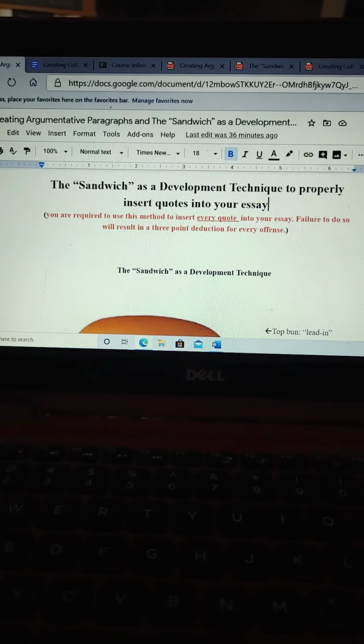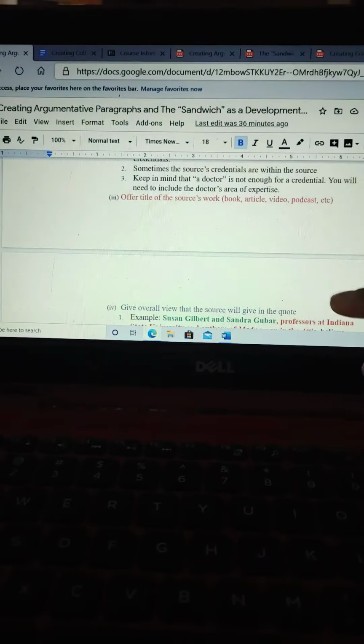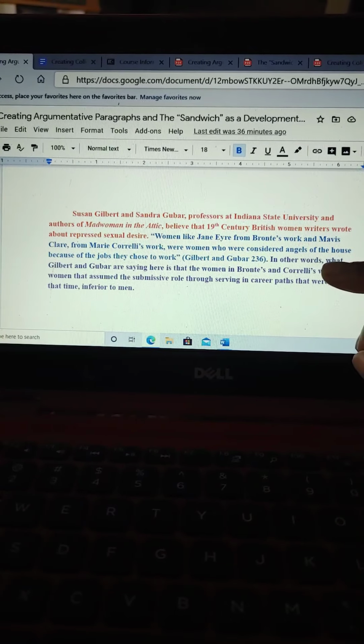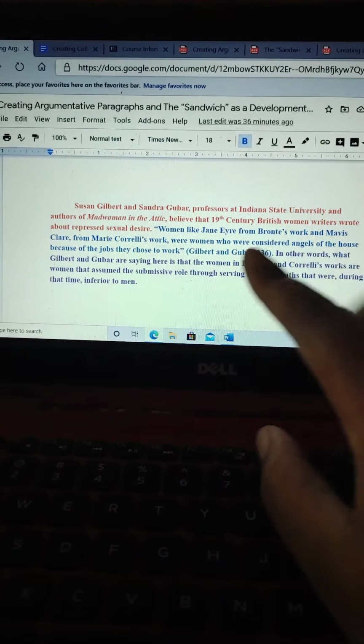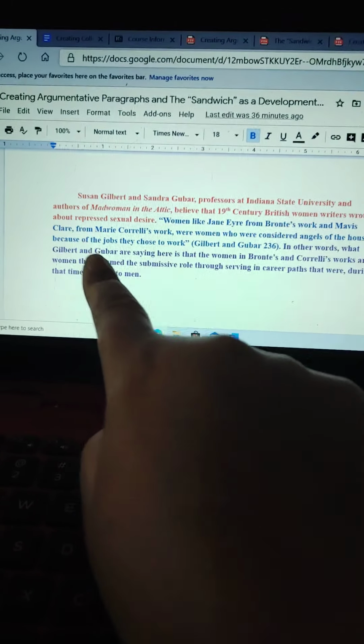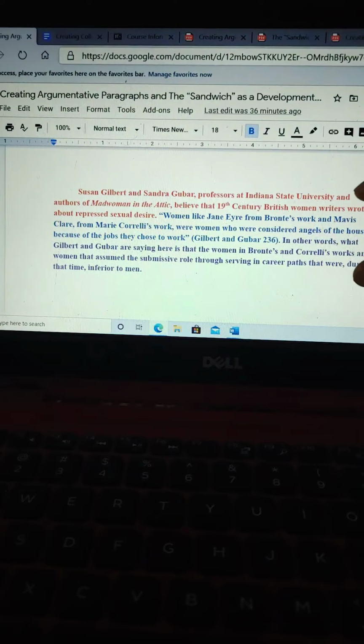Wait a second, guys. Sorry about that. Okay, I'm going to do it this way. This is a thing that I created. But this is how the entire sandwich quote looks. Can I make this bigger? No, I can't. Okay, this is how the entire sandwich quote looks.